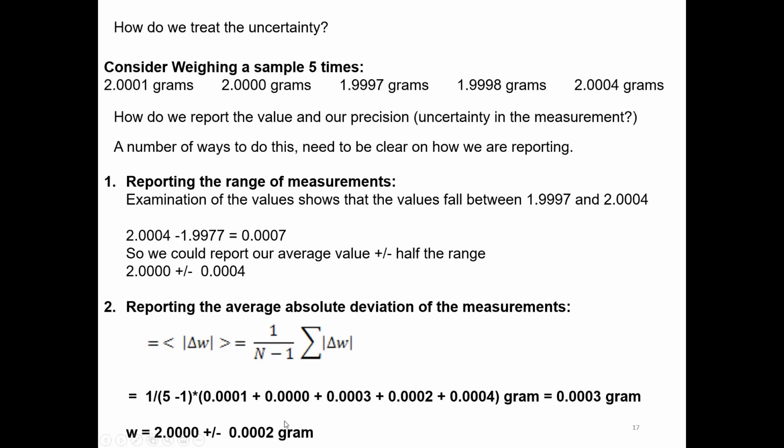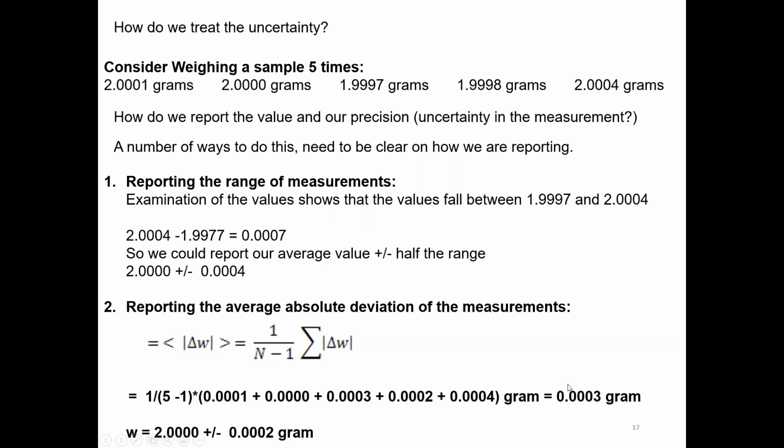So for example, the first one will be 0.0001. And the second one is the same as the average, so it's just 0. And the third one will be 0.0003, and the fourth one will be 0.0002. So it's just taking the absolute difference between the measurement and the average, and summing all those 5 together and dividing by n minus 1. So n equal to 5 here, minus 1 is 4.